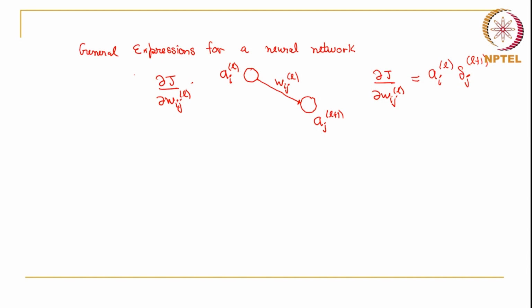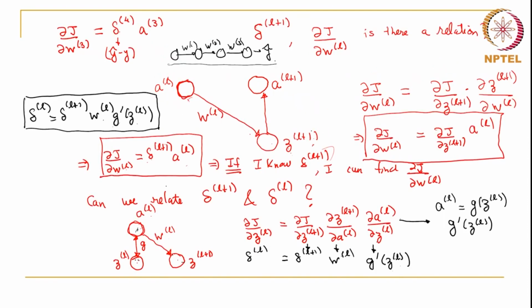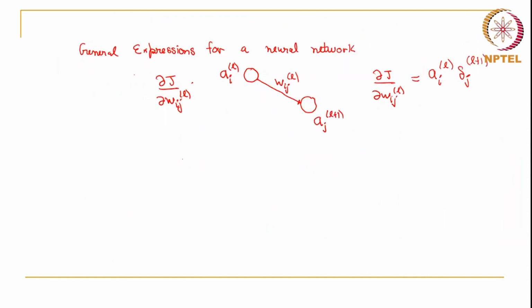That's all. Very simple. If you see, it's the same here: delta^(L+1) a^L. The same here: delta^(L+1) a^L. Except this is now delta_j a_i. The connection between these two is given by this.